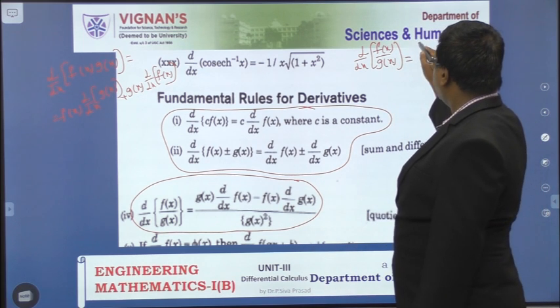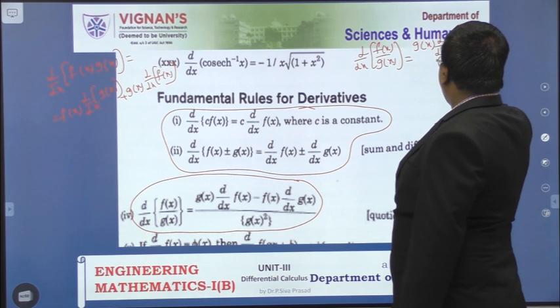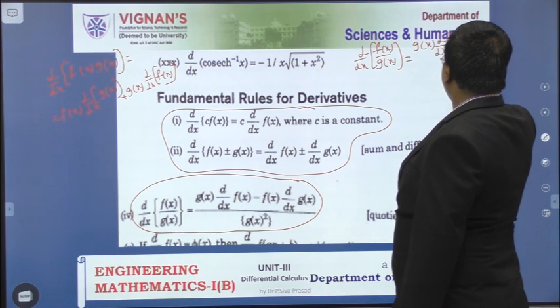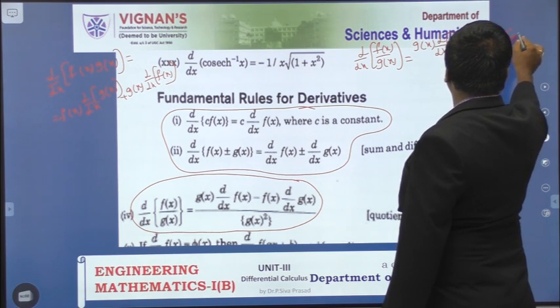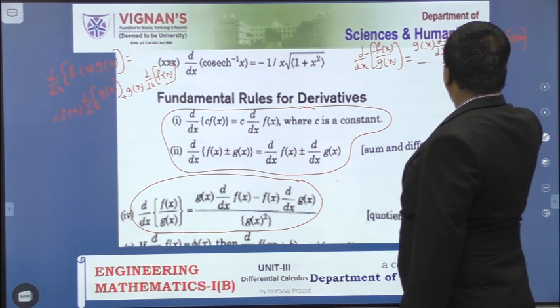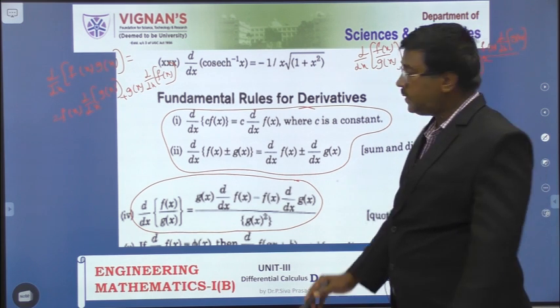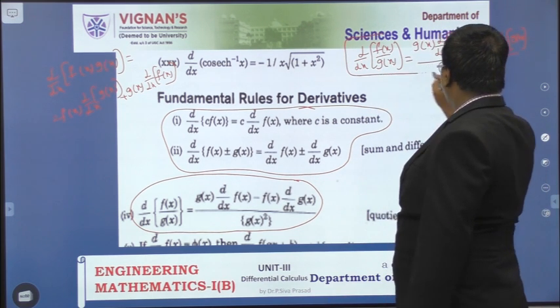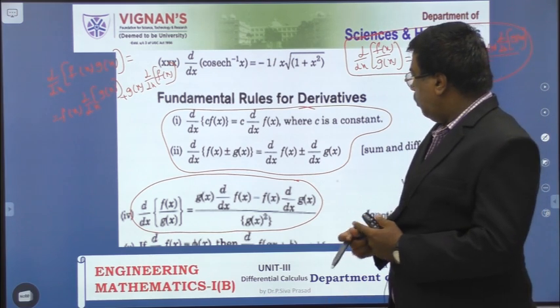Okay, please all of you see this. g of x into d by dx of f of x minus f of x into d by dx of g of x, divided by g of x whole square. All of you catch your point? This is a very important formula.